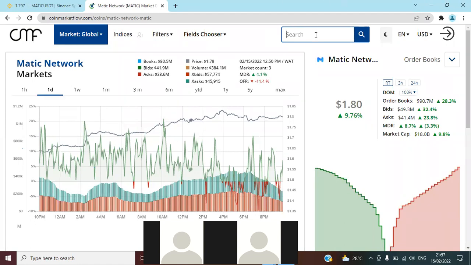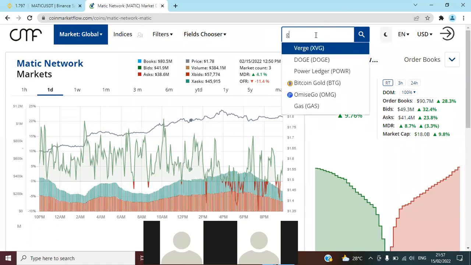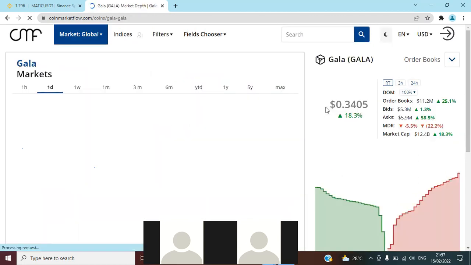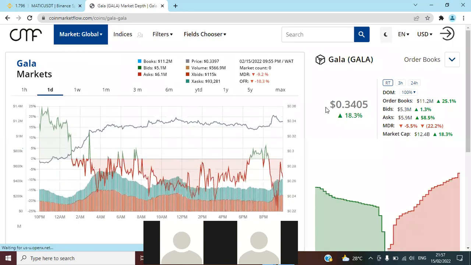If you look at, let's say, what again? Okay, let's see whether there is Gala here. Okay, there's Gala. This is the first extreme negative. This is 3:45.